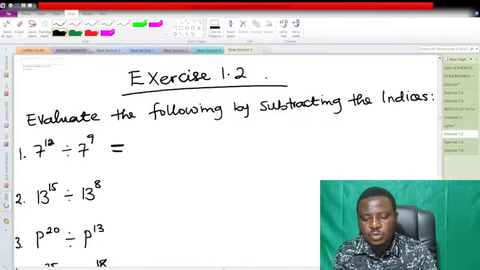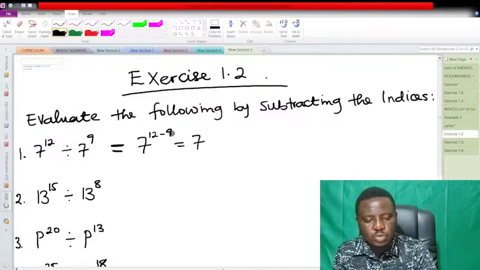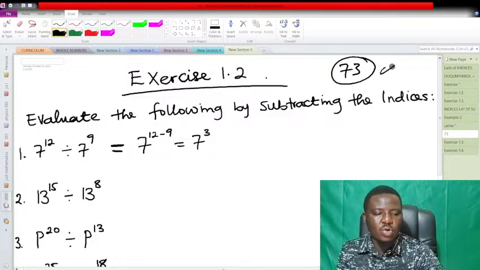So in essence, 7 raised to the power of 12 divided by 7 raised to the power of 9 can be said to be equal to 7 raised to the power of 12 minus 9, and 12 minus 9 is 3. Please kindly note, this is 7 cubed, okay, and not 73. Let me not say something like this. This is wrong, okay? Rather, it should be 7 to power 3.